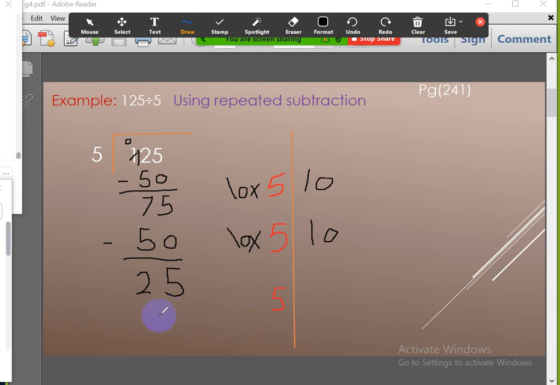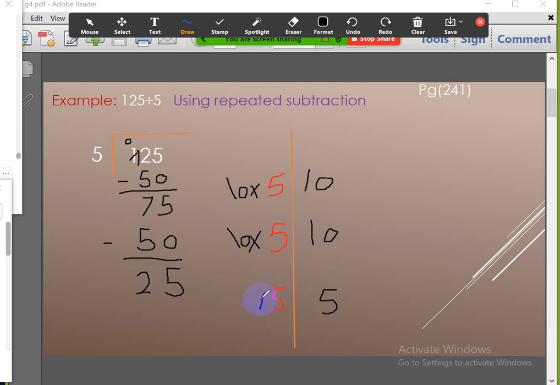It will give me the closest number to 25. Which number? Very good, Zan. Your answer is correct. Thank you, Noura. Thank you, Sama. And Rimas, Lana. Thank you, girls. So, 5 multiply 5 equals 25. That means I will choose 5 here.